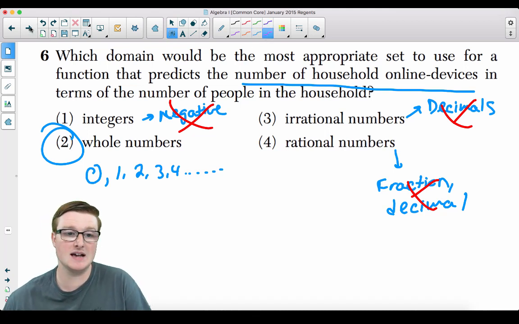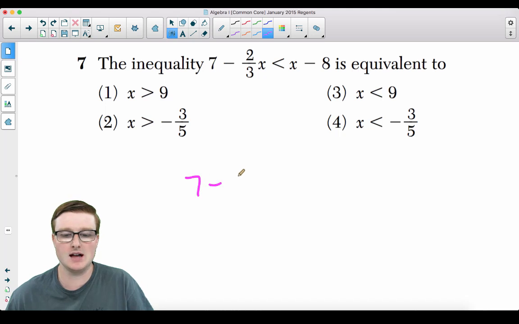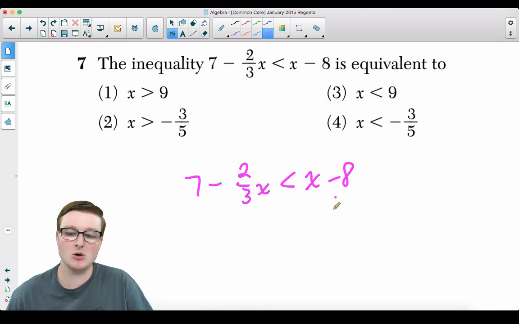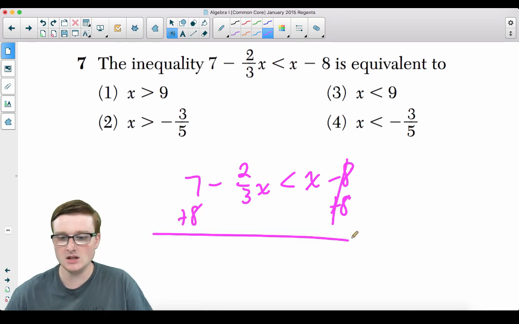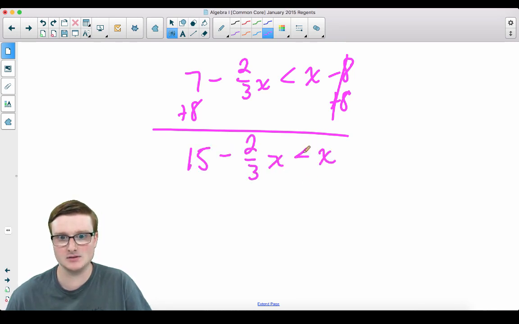All right, moving on to number 7. The inequality 7 minus 2/3 x is less than x minus 8 is equivalent to what? So we're just going to solve it. 7 minus 2/3 x is less than x minus 8. So I'm going to add that 8 on both sides, right? So we get 15 minus 2/3 x is less than x.